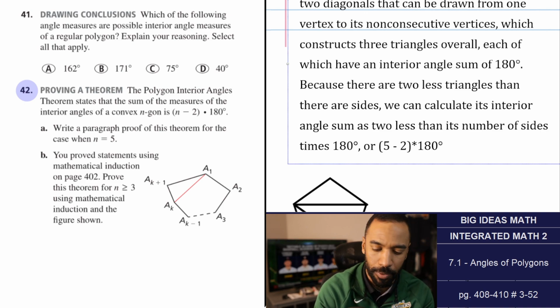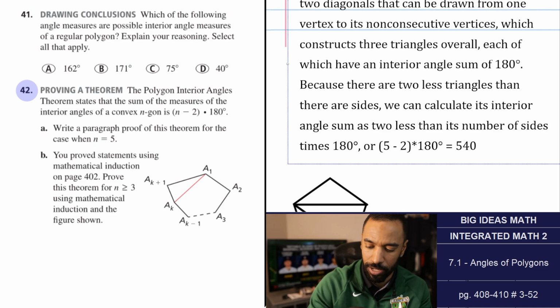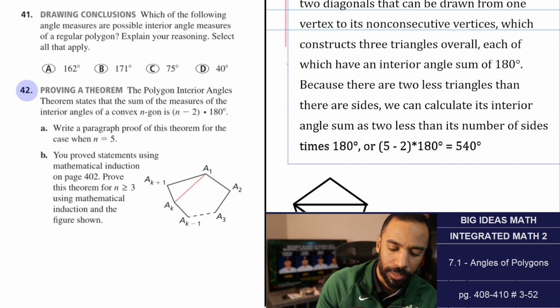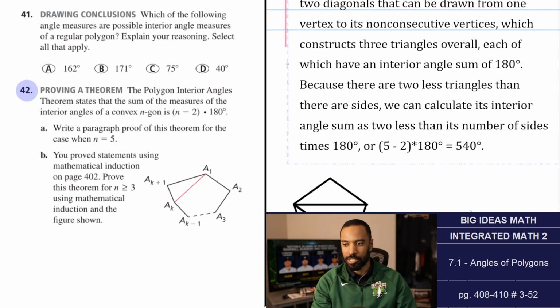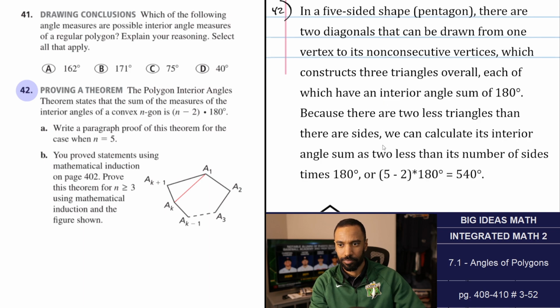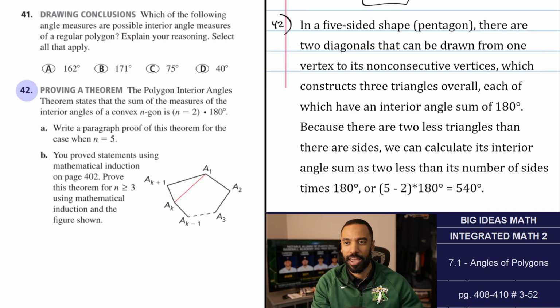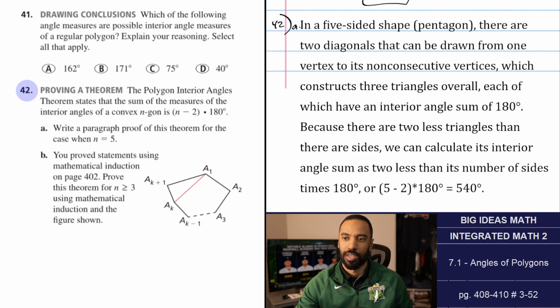I think that's kind of how I want to do that. 540 degrees. Okay, cool. I guess that's a paragraph proof. I think that's kind of what they want. That's part A, though. All right, part B.